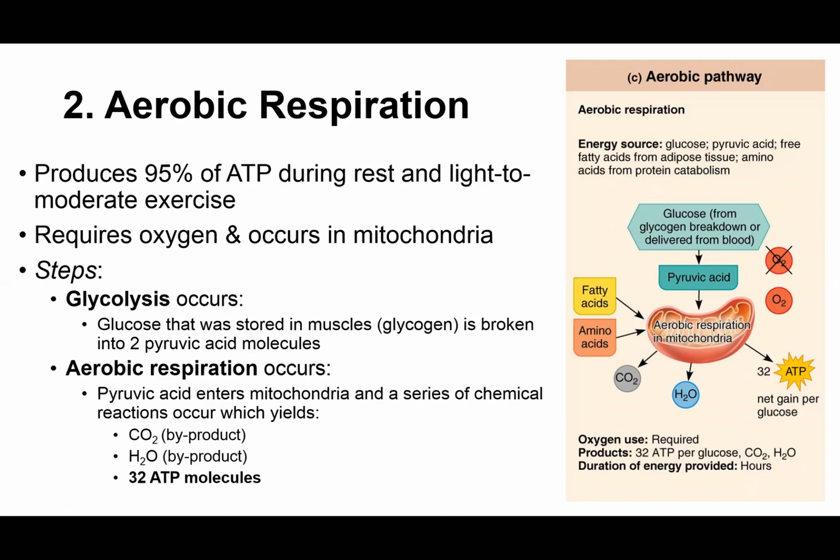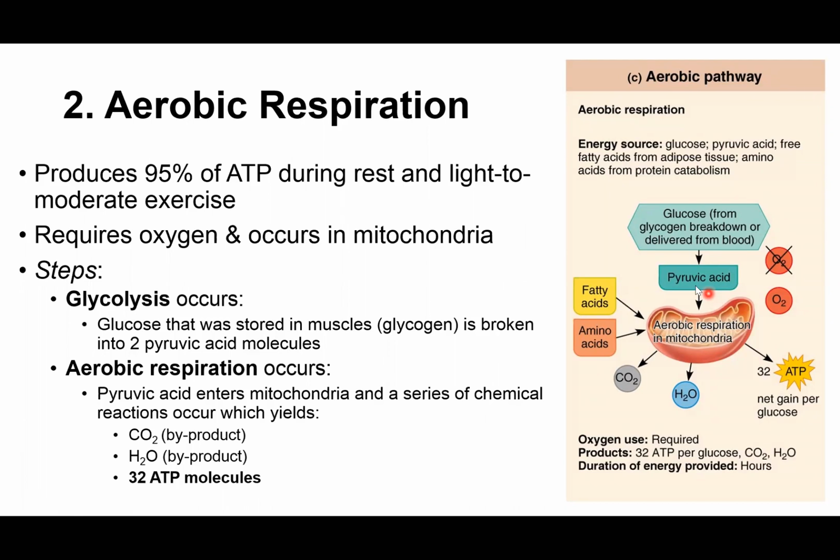So in the aerobic pathway, first what happens is this thing called glycolysis occurs, and glycolysis just takes glucose that was stored in muscles, and glucose that's stored in muscles is called glycogen, and it breaks glycogen down into 2 pyruvic acid molecules. Okay, so we take glucose from glycogen, break that down, and we get pyruvic acid.